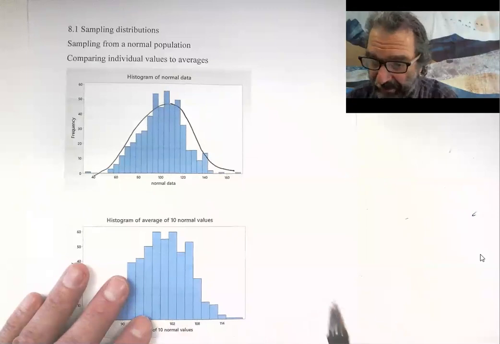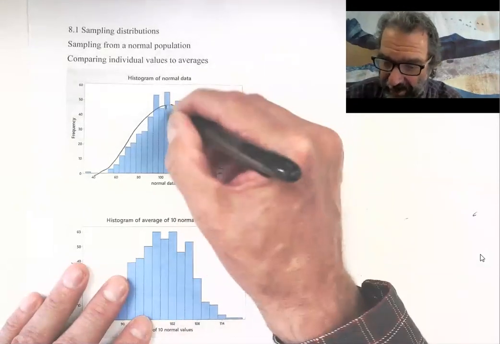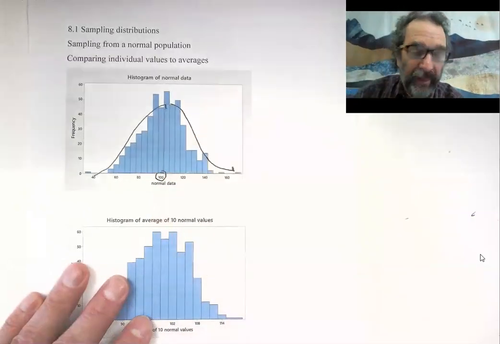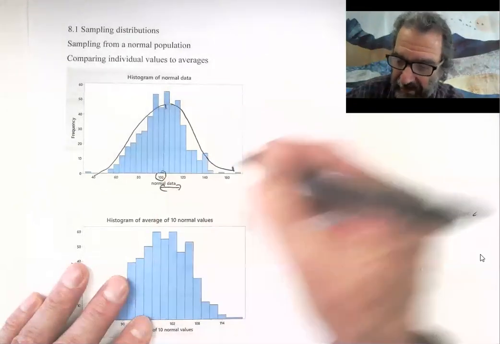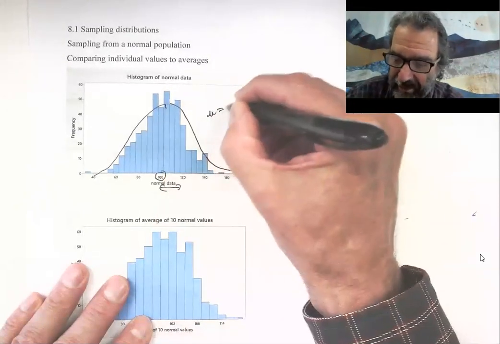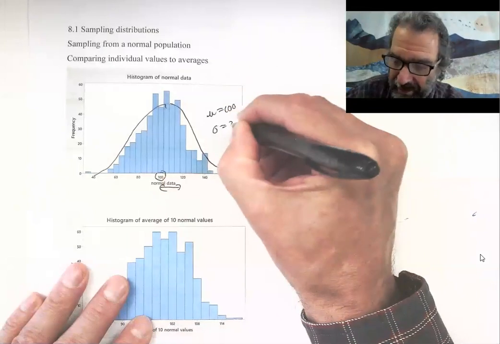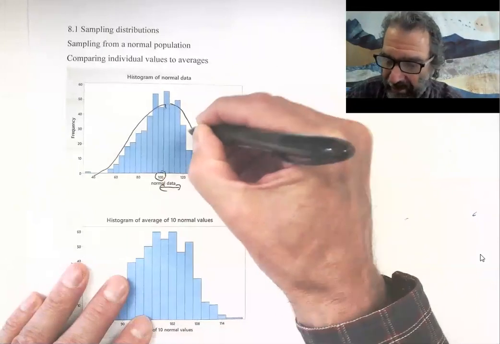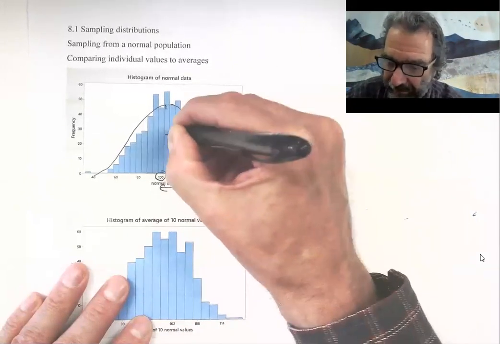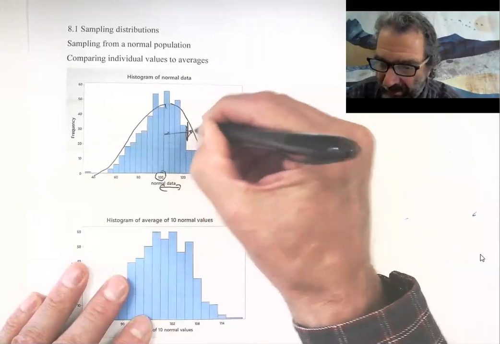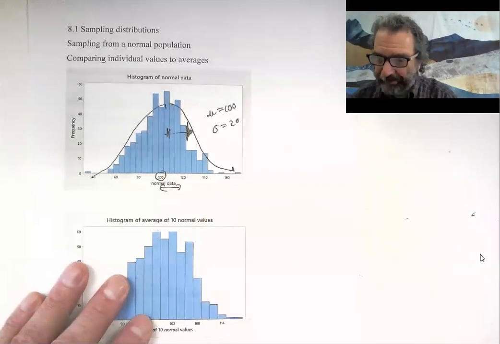And so what we're thinking is maybe the mean, mu, is 100, and sigma might be 20, to here, maybe to here, like that.